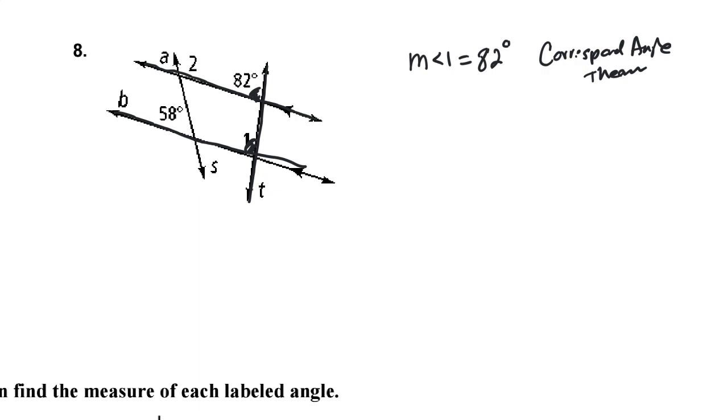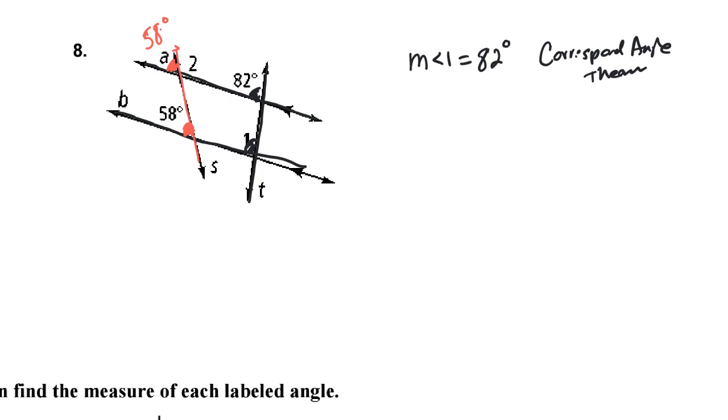So we're going to find the measure of angle 2. Okay, so we know that this measurement here is 58. And we know that this measurement is 58 because corresponding angles are congruent when we have two lines cut by a transversal.